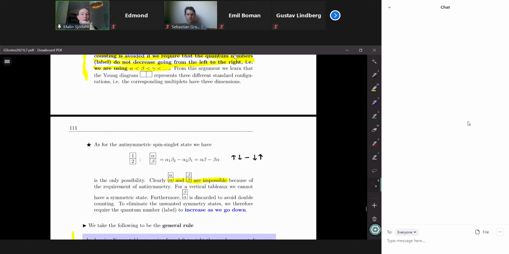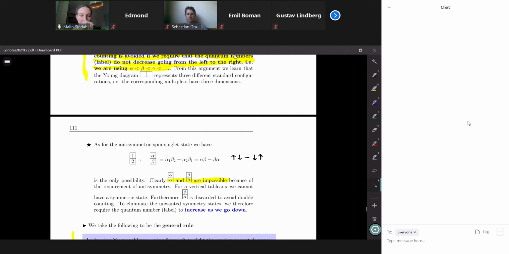Here, we should note that we did not write alpha alpha or beta beta, and the reason for that is of course that then I would have alpha alpha minus alpha alpha, so that is 0. We cannot antisymmetrize in the same label, in the same state, because we will get 0 with respect to interchange of the two particles.